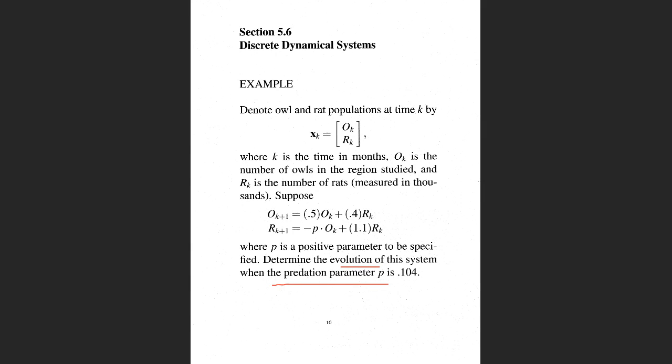That's right, good, Benjamin. Eigenvectors and eigenvalues. And in order to find eigenvectors and eigenvalues, based on this relationship between owls and rats, we have to figure out what the matrix A is. What's that matrix A?